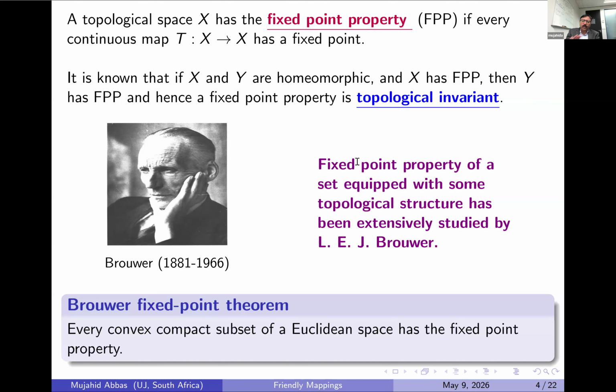This one-dimensional version can be proved using the intermediate value theorem. The two-dimensional version can be proved using the two-dimensional non-retraction theorem.